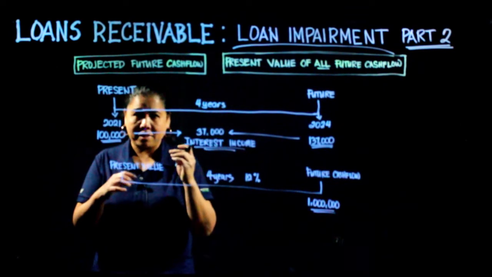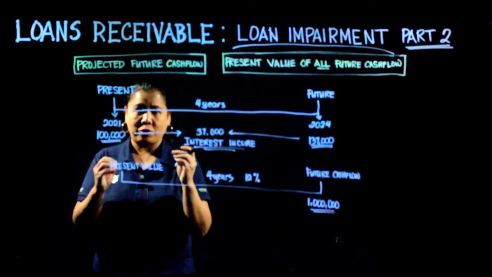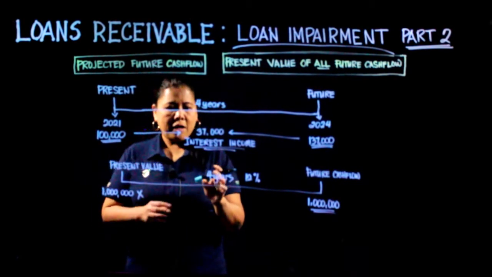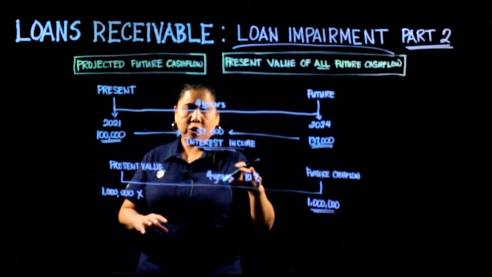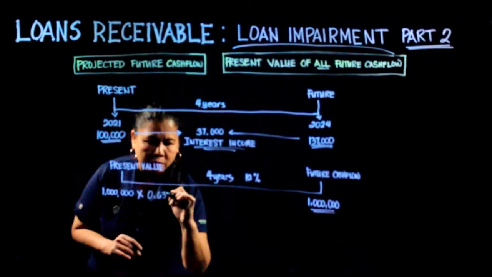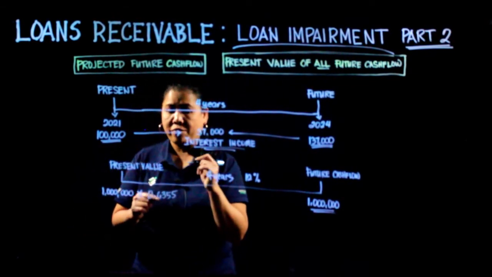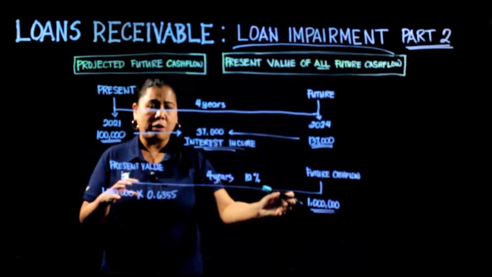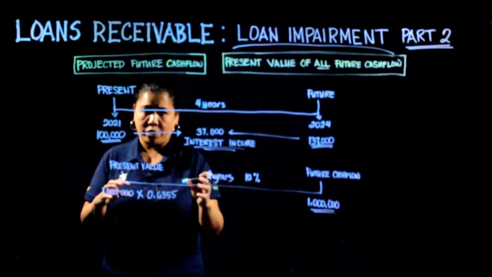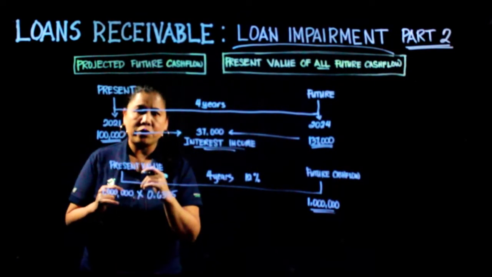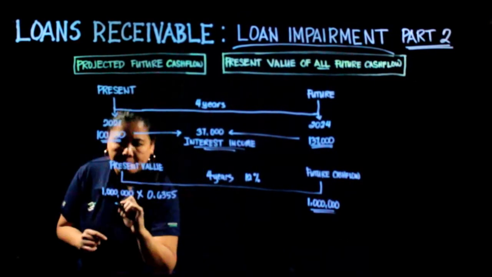Imo-multiply natin yan sa ating present value factor. At ang present value factor ng 4 na taon using 12% interest rate is 0.6355. So, ang present value, ang kasalukuyang halaga ng 1,000,000 na matatanggap mo after 4 years with 12% interest ay 635,500.